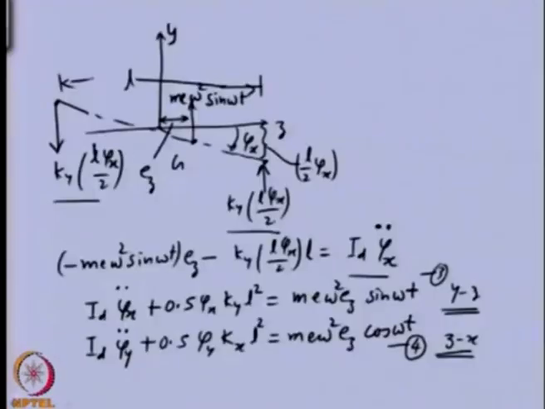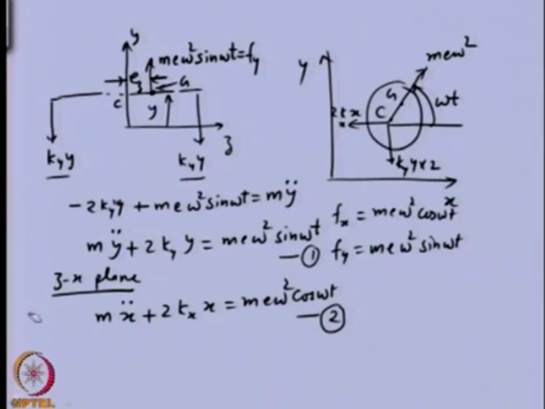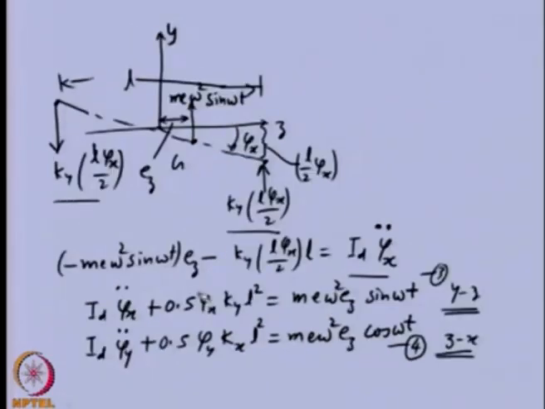If we look at the equation in one direction, the x direction, it contains only the x variable, y is not appearing. Similarly, the second equation of motion, in the y direction, does not contain any other variable. Similarly, the other two equations do not contain x and y, but they contain a single variable. So, these equations can be solved independent of each other.